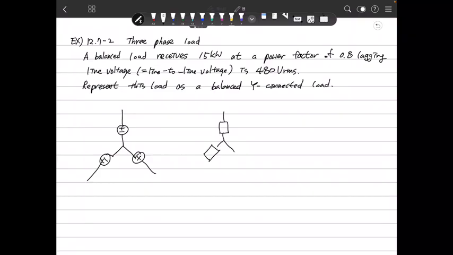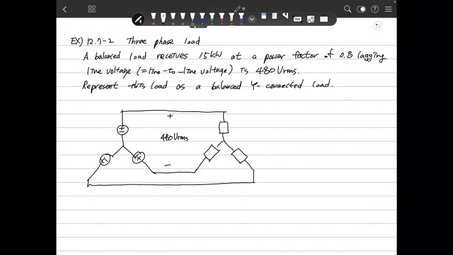This is a balanced impedance, connected in this manner. Then the line-to-line voltage is 480 volts RMS. We define this as VA, this is A, this is large A. This is small c, this is small b, this is large B, this is large C. Because this is balanced, all are Z. Then we need to find Z.